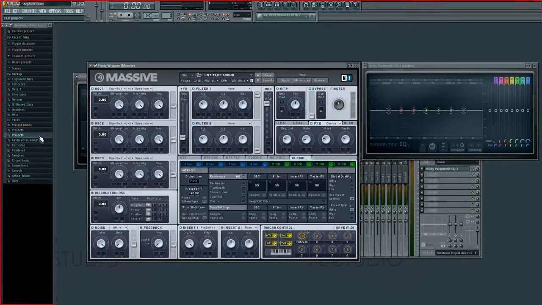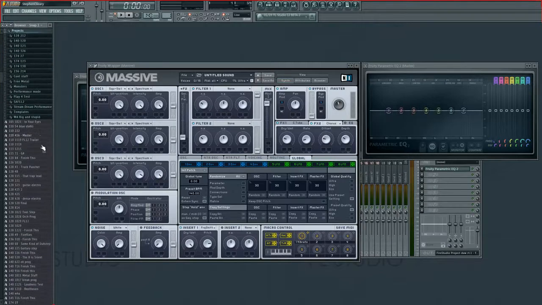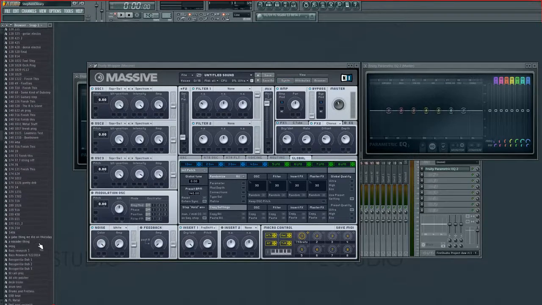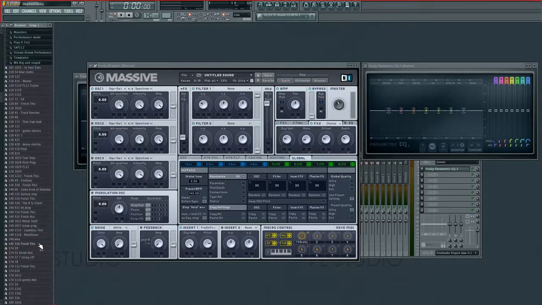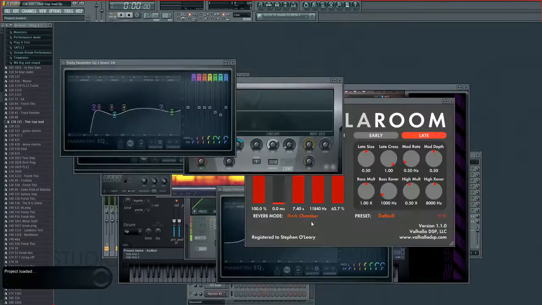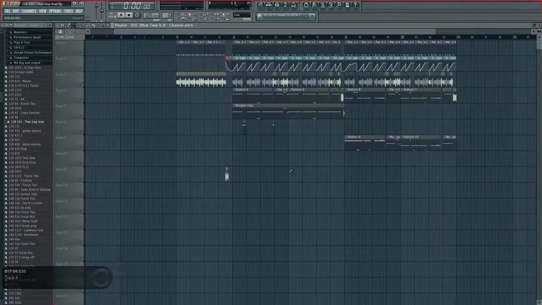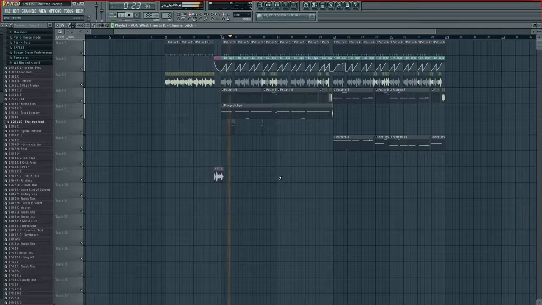I did make one trappy lead one time. Good for you. I'm really hoping I saved it as that trap thing. I did. That trap lead. And this was a Harmor kind of thing.